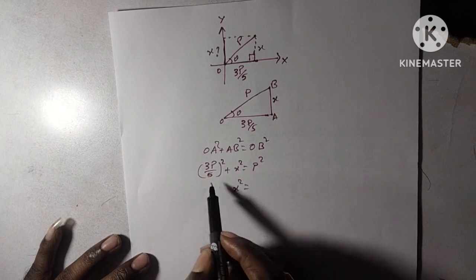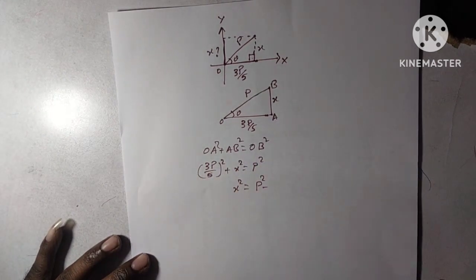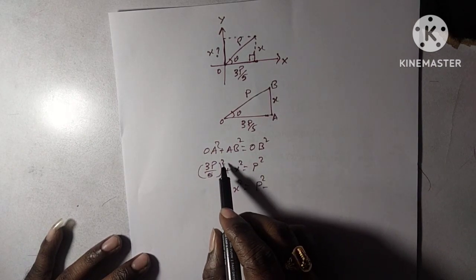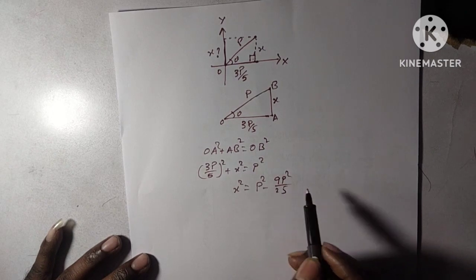x square is equal to P square, and we transpose this term from the left hand side to the right hand side. 3P by 5 whole square means 9P square by 25.